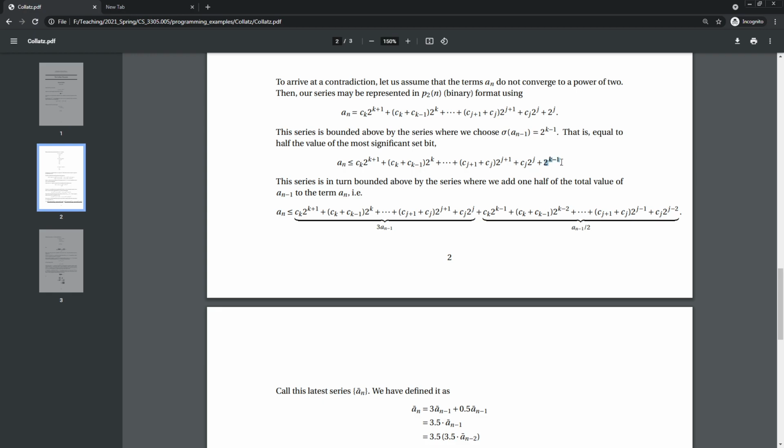And we're adding it over here, so this is the sweeper term, and then that corresponds to really this one over here. Right? So then this series, this one that we're constructing now, which never converges to a power of 2, is the contradiction to the Collatz Theorem, and it is bounded above by a sequence which grows at this rate, where we're always adding that second most significant bit.